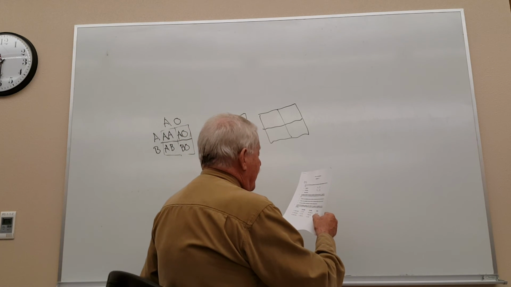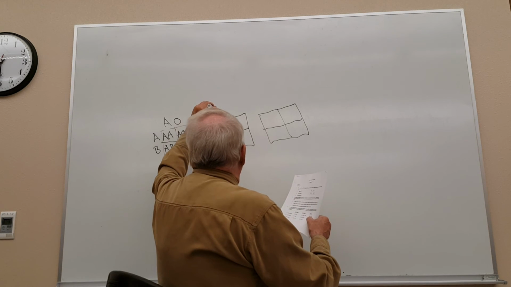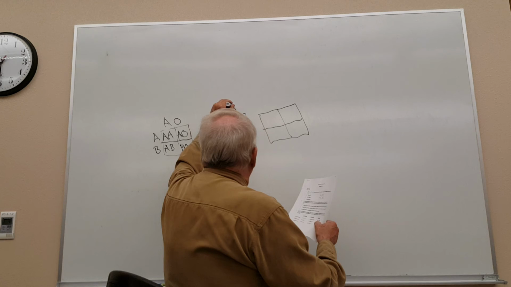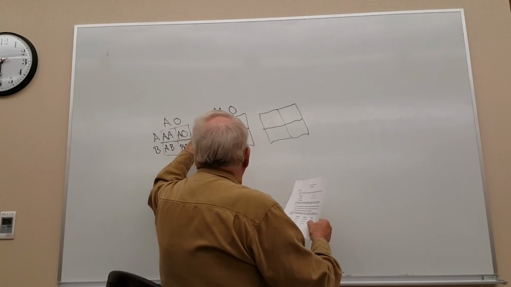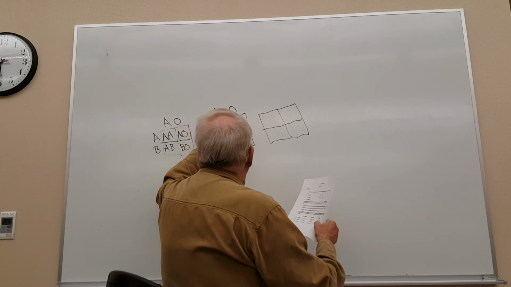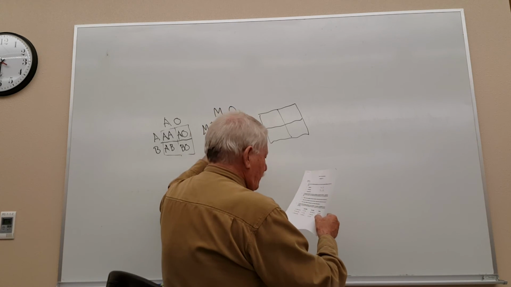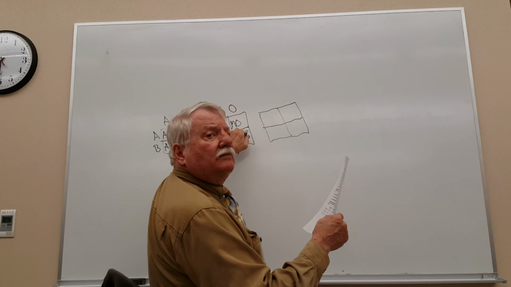So the next one is the M and the N thing. Those are blood antigens as well. I would use MO and MN. So then we'll get MM and MN and MO and NO. My goodness. And so that would work. That would be that one there.